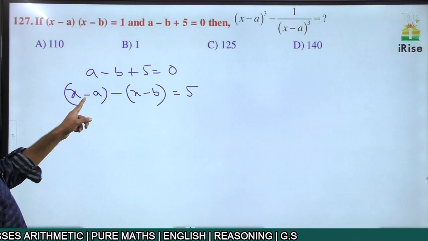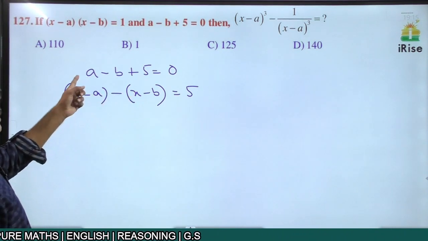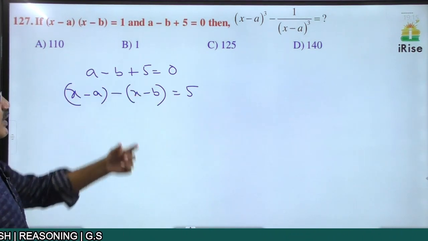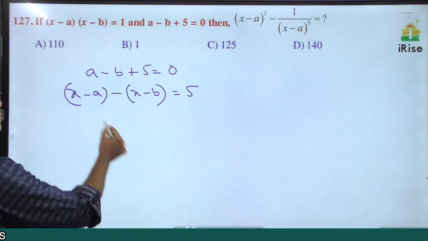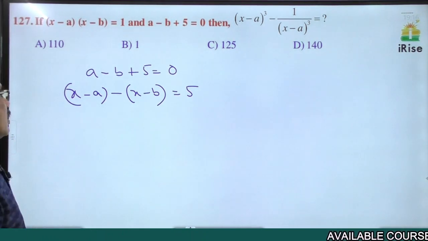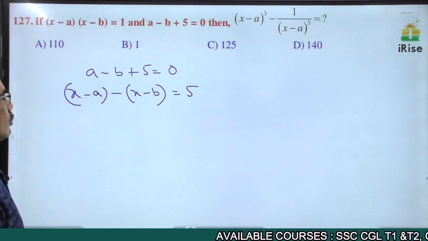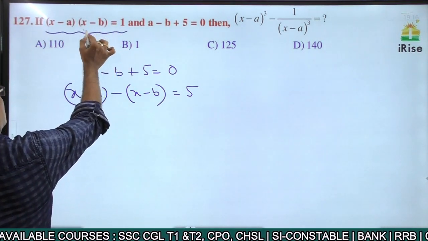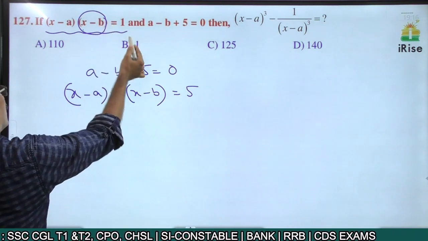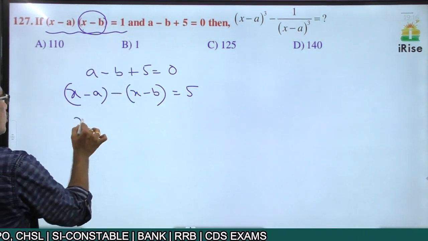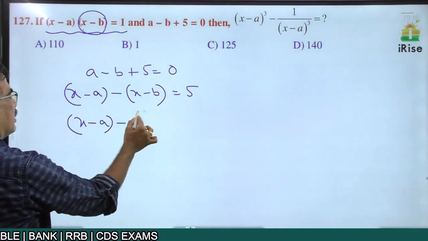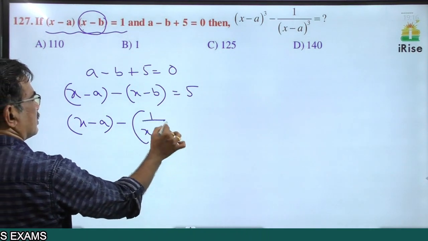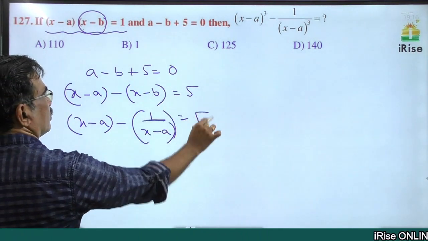Here x cancel, minus a plus b is nothing but 5. So you can write like this, (x minus a) minus (x minus b) is equal to 5. And from this condition, x minus b is nothing but 1 by (x minus a). So x minus a minus 1 by (x minus a) is equal to 5.